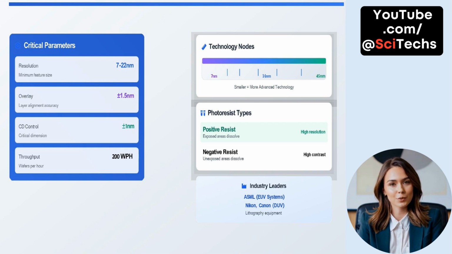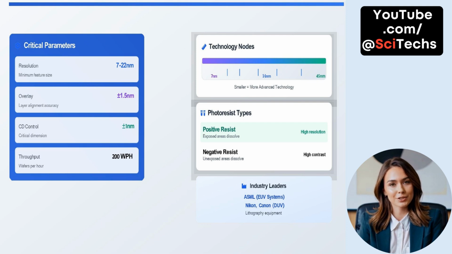CD control, or critical dimension control, ensures consistent line widths and patterns, with a precision of plus or minus 1 nanometer. Throughput, measured in wafers per hour, WPH, shows the tool's productivity, typically around 200 WPH.